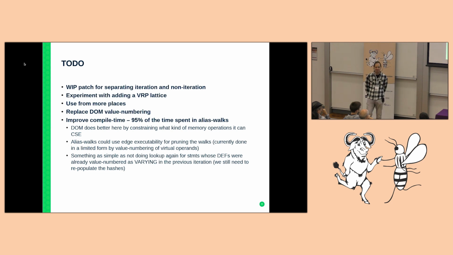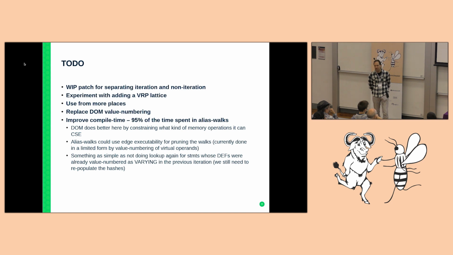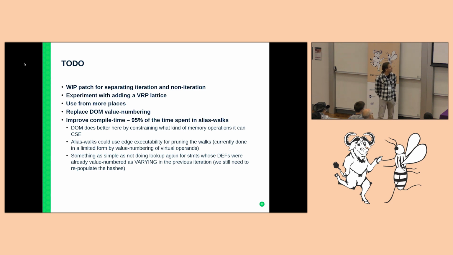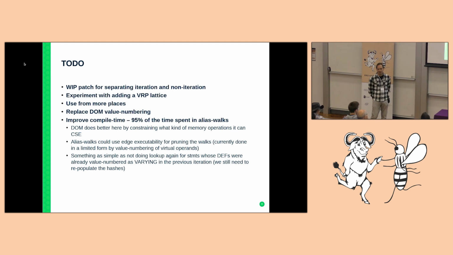Our regression hunting people found a lot of bugs, and I ended up fixing them, and I needed to dumb down the non-iterating code paths to even visit known not executable blocks, which is of course not something that I like. I have a work in progress patch that I didn't want to commit before Cauldron, but only after, that restores the property that we don't need to visit the statements that we know are not executable.